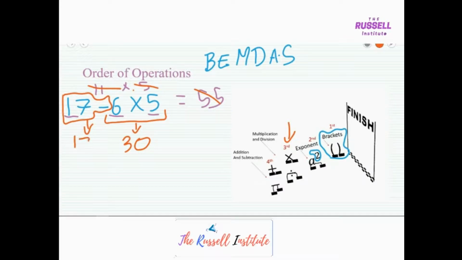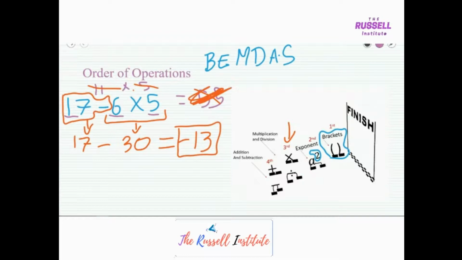So I'm going to have 17 take away 30. Well, if I have $17 but I owe 30, it means I can pay off 17, but I will still owe $13. So the answer is negative 13. You can see the first answer was so wrong, and I don't want you to do that. We have to multiply before we subtract.